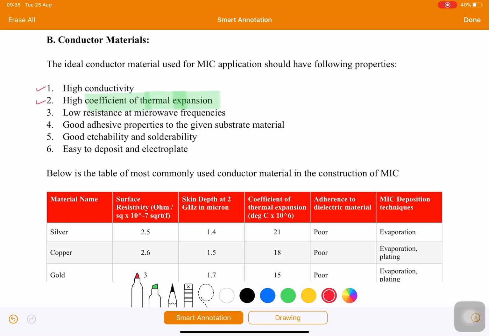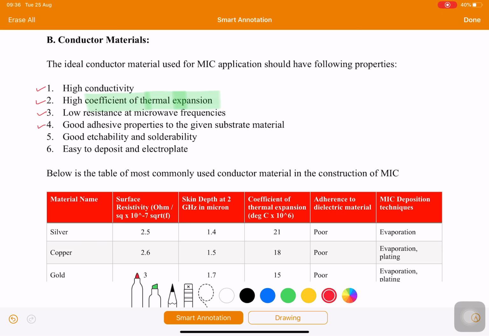The third important property is that it should provide a low resistance, especially at microwave operating frequency. Next, they should have a good adhesive property so that they can be fastened over the substrate material.